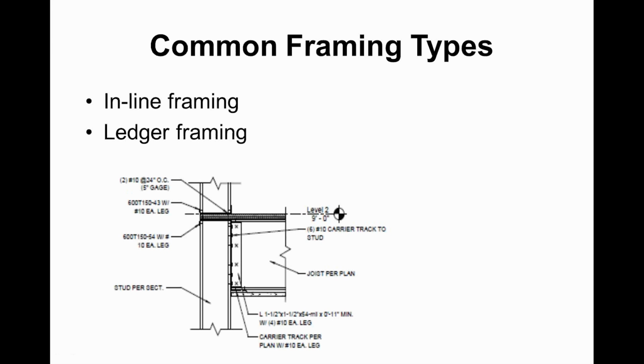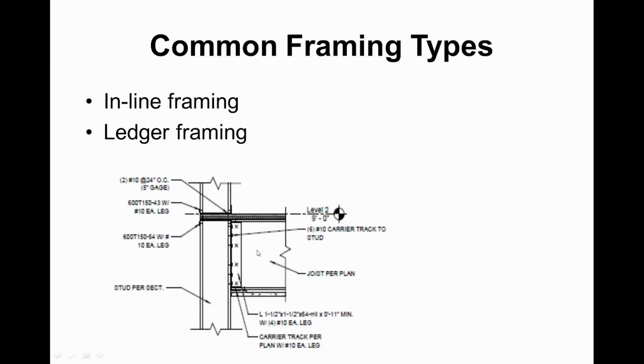Common framing that we see in cold form steel. The most common would be either the inline framing or the ledger framing. We will see specific requirements in the framing standards for inline framing. Today, the framing standards do not have information on ledger framing. They're silent, but we're beginning to work on that. If you're not familiar with ledger framing, it is basically framing my joist into the side or into the flange of the stud rather than come in over top, which would be the inline framing.